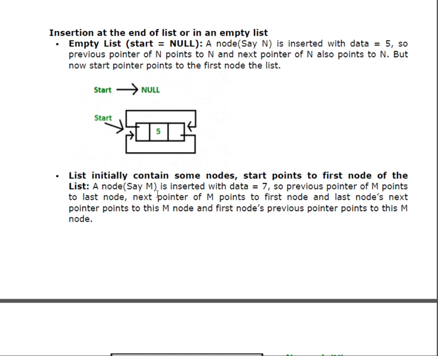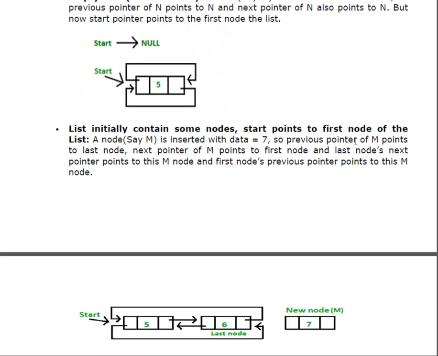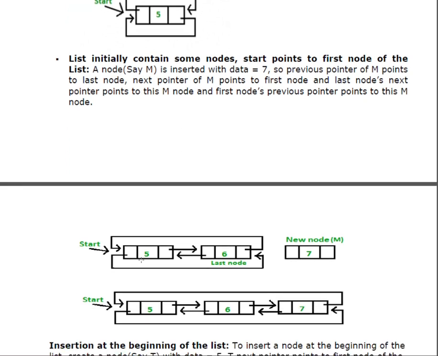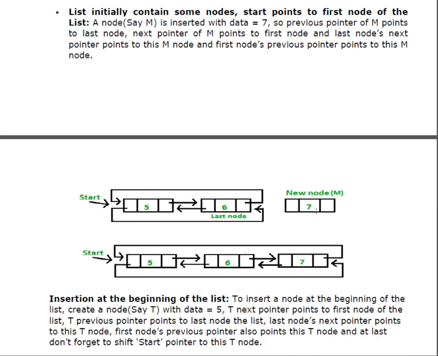A node is inserted with data equal to 7. The previous pointer of the new node points to the last node. Suppose this is our first node, and this is our last node. We have to insert the new node, that is 7.